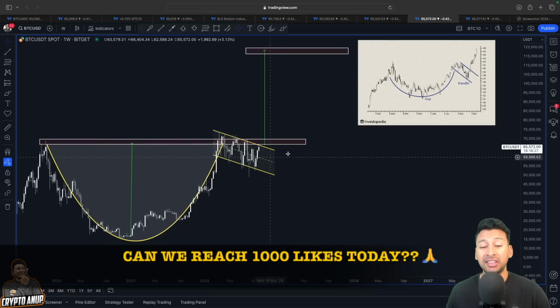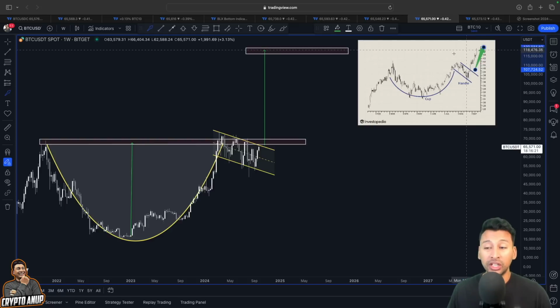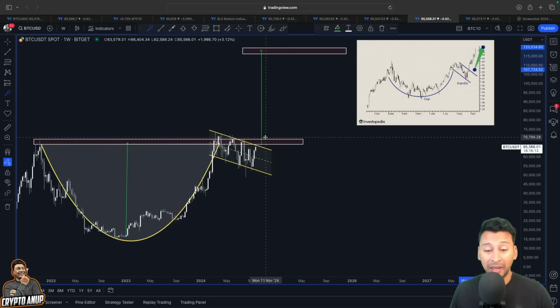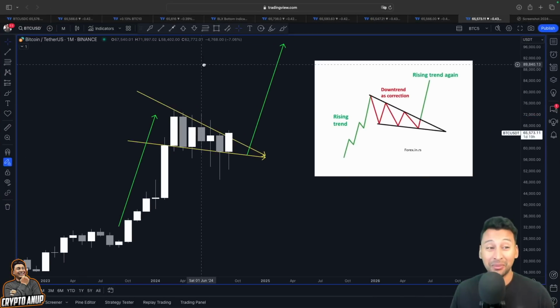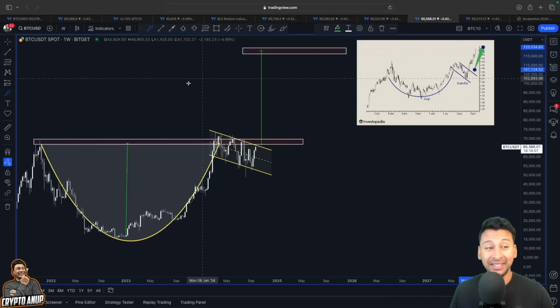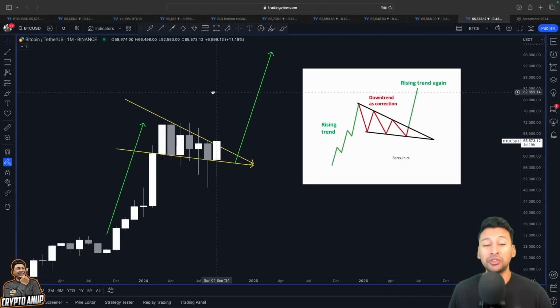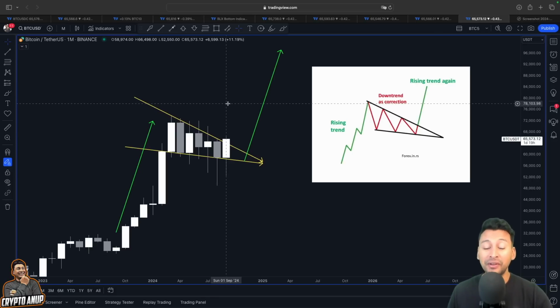So as soon as this key line of resistance gets broken, you can see we parallelly could be also following with a new bullish move. I mean, this cup and handle here in a weekly time frame is a bullish continuation pattern, and after breaking out of this handle part, we are expecting Bitcoin to start with an actual bullish continuation, because in a monthly time frame, beside this cup and handle, even this falling wedge, another bullish continuation pattern is lining up perfectly.